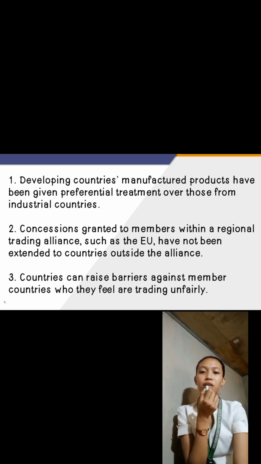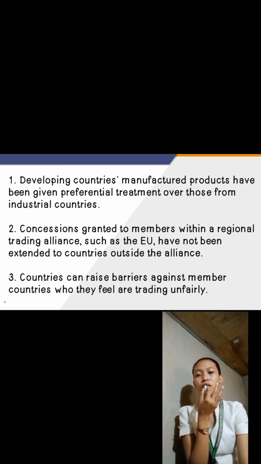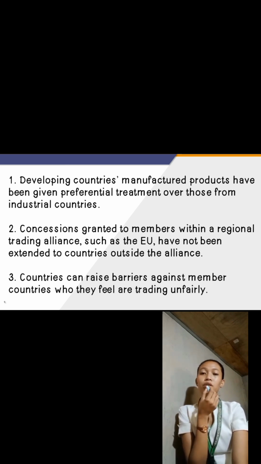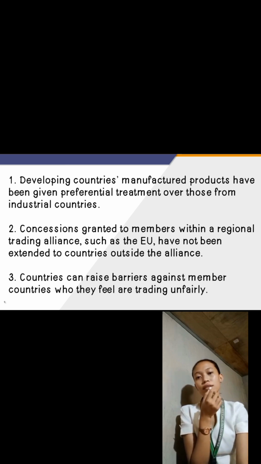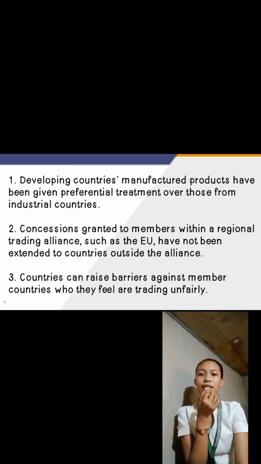Second, concessions granted to members within a regional trading alliance, such as the EU, have not been extended to countries outside the alliance. For example, groups like the EU get special trade advantages like lower taxes on imports when they trade among their own member countries.